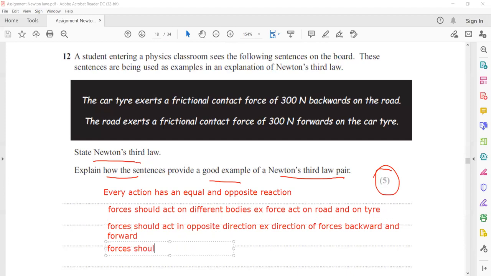And the forces should have the same magnitude, and that is given in this example: it is 300 Newton. And they should be the same type, so you can see both are the frictional force.